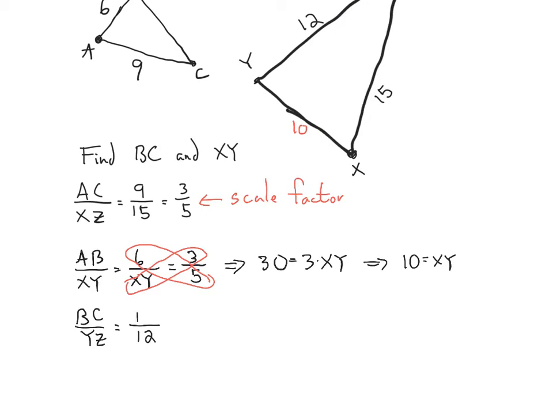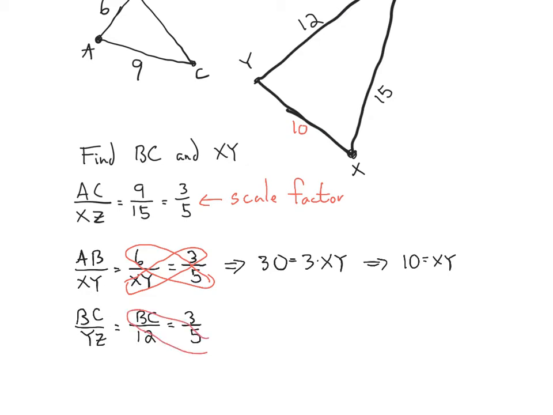We don't have BC, but we know that BC over 12 has to be 3/5. Every ratio of corresponding sides in two similar triangles is 3/5. So we solve for BC.